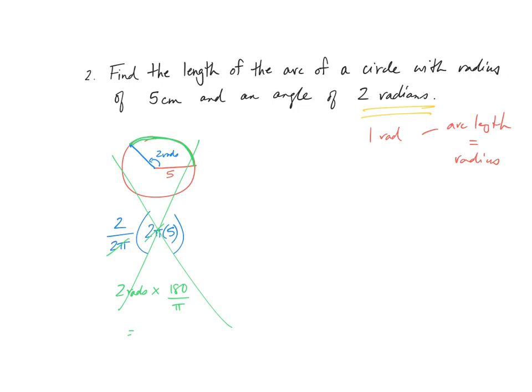So if I was to take a look at a problem like this, and I'm just going to draw a picture, it would never be a part of your solution. If I have a radius of 5, then if I rotate 1 rad, that creates an arc length equal to the radius.